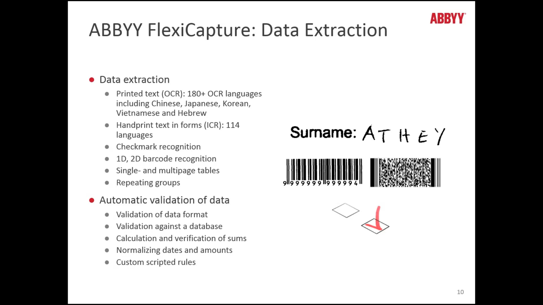So for instance, if I'm doing an insurance claim and I have a claim number, and within my system I have that information, when we read the claim number, we can take it, go to your system, check to make sure that is a valid claim number. And if we're also capturing the patient name, we can also check to make sure that what we captured as the patient name is the same thing that you have in your existing data. So by doing this, we're able to really verify that what we're reading is correct and that what has been entered onto the claim matches correct data in your system.